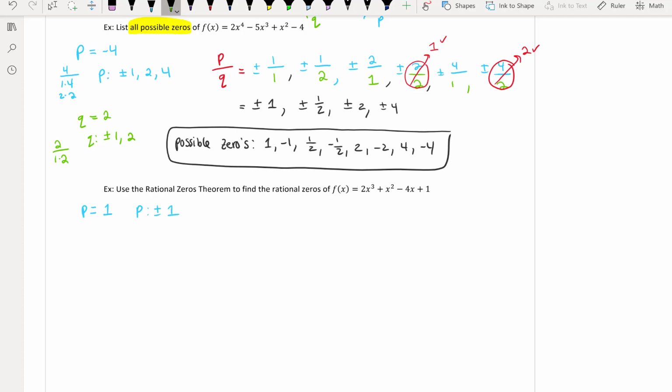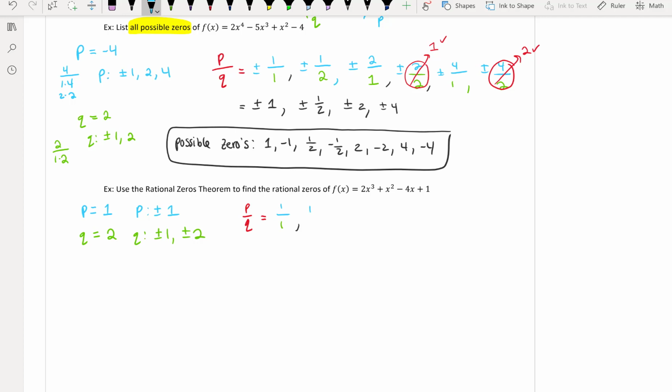And that's the only thing I have. Then my q is going to be 2, so that's going to be plus or minus 1, plus or minus 2, since those are the only factors of 2. So now when I do my p divided by q, I'm going to have 1 divided by 1.